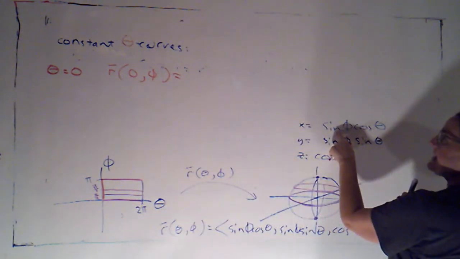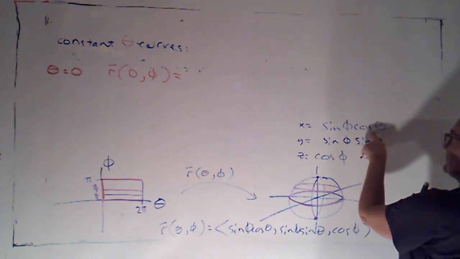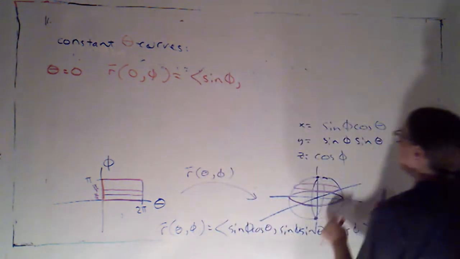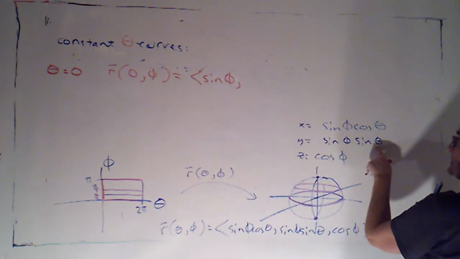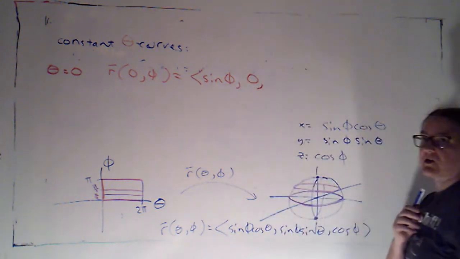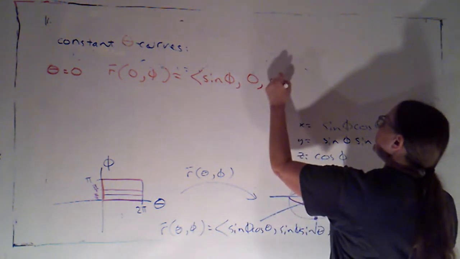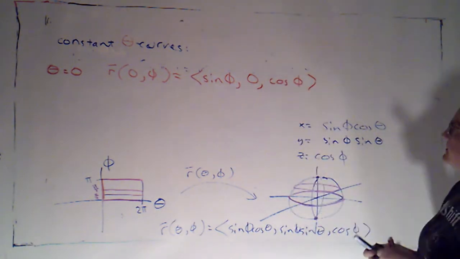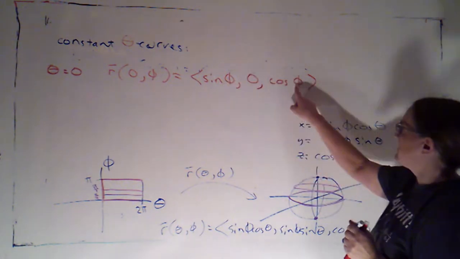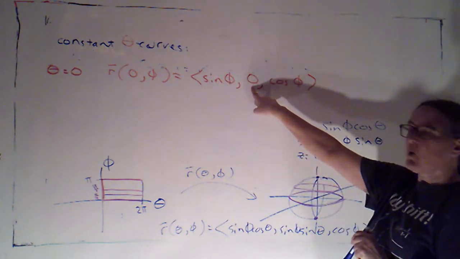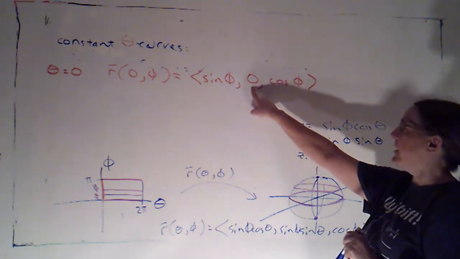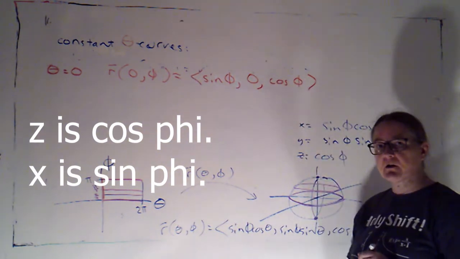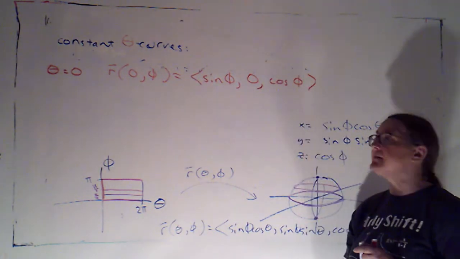So that's going to be sine phi times cosine of 0. Cosine of 0 is 1, so I'm going to be getting sine of phi. Sine of phi times sine of 0, well, that's just 0, and then cosine of phi. Well, so I'm seeing sines and cosines in the plane where y is equal to 0. Okay. So x is sine phi, z is cosine phi.